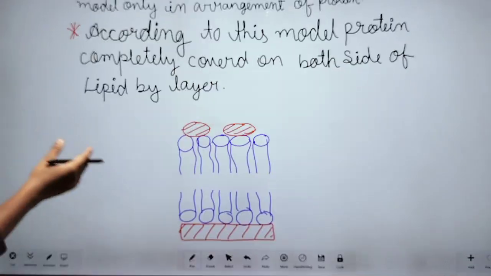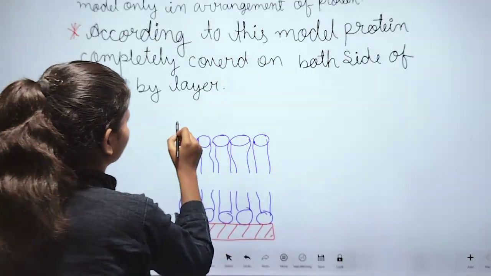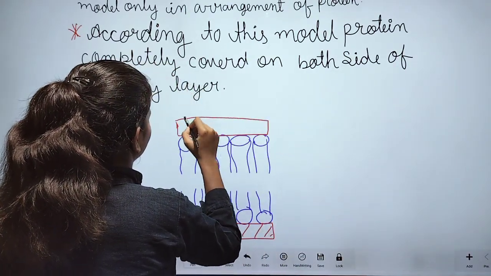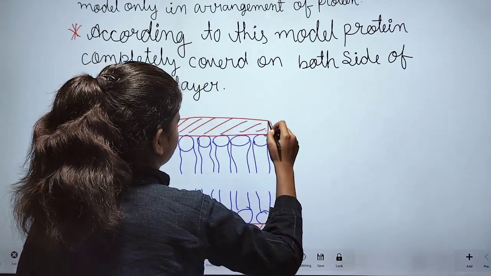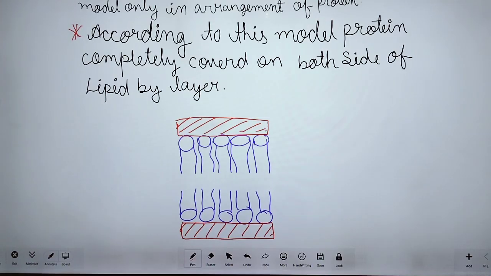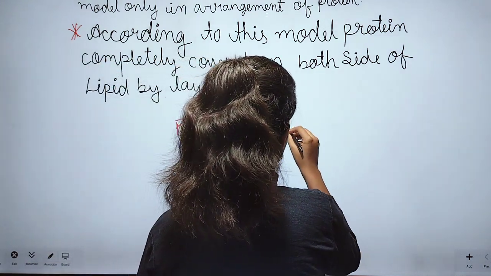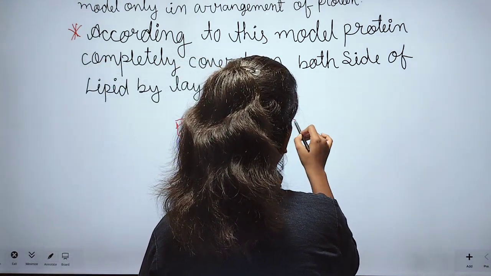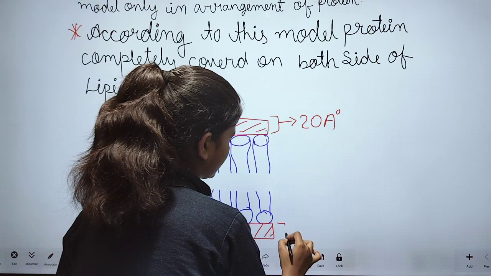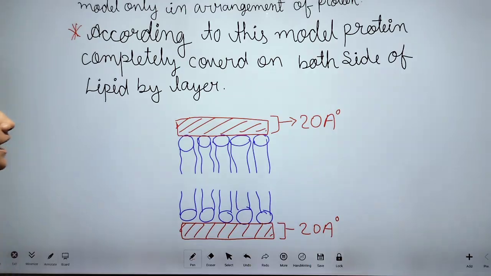But in a unit membrane model, protein completely covers both sides. This one is a figure of the plasma membrane. This one is protein, and we know that protein is 20 angstrom.